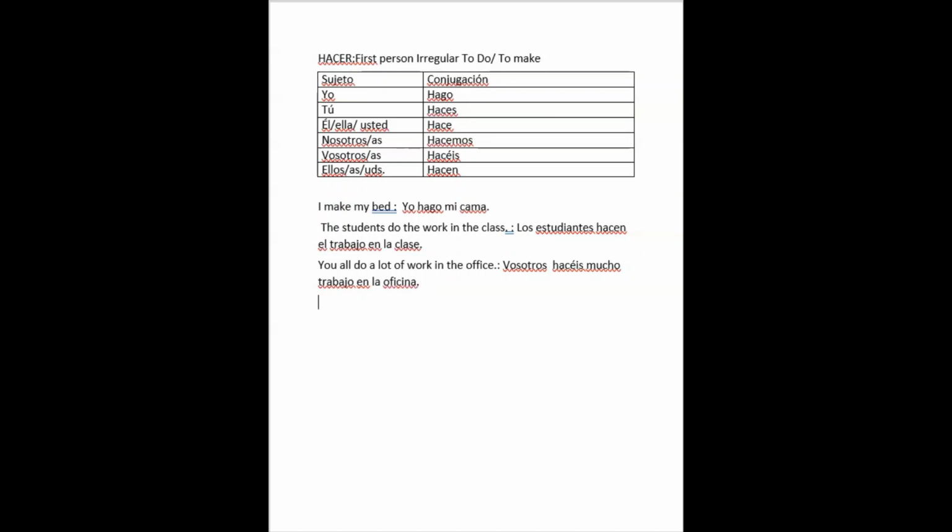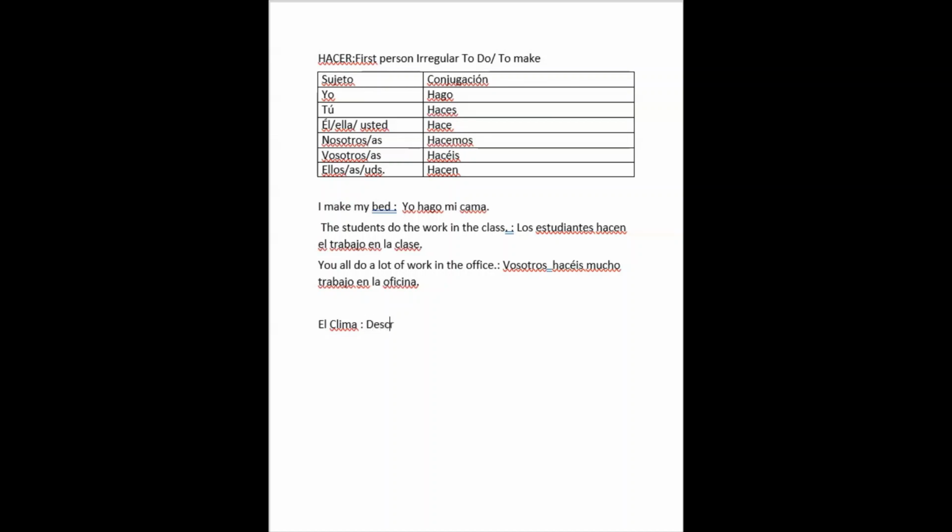Okay, and we also use hacer in a very important context in Spanish, which is el clima. El clima is the climate. That means to describe the weather, we always use the verb hacer.